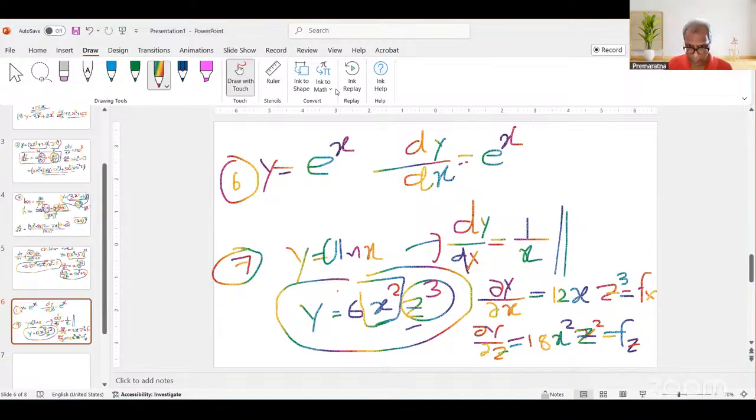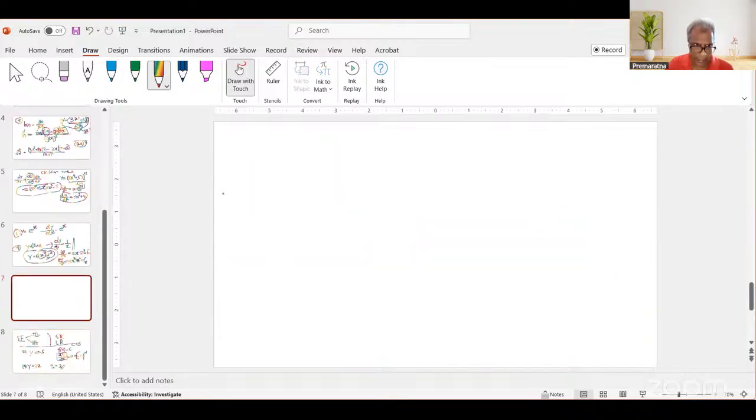Now another term we also use in this kind of partial differentiation is cross differentiation. For instance, here you can differentiate first with respect to x, then z.